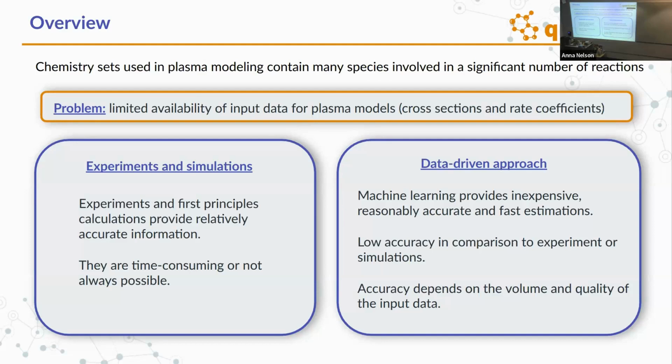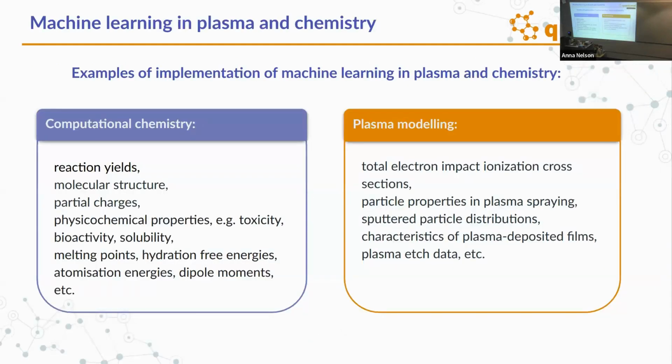Machine learning has been previously extensively used in diverse fields of science, and particularly in computational chemistry and plasma physics. In computational chemistry, machine learning has been used to predict reaction yields, molecular structure, functional charges, and physicochemical properties of substances such as toxicity, bioactivity, solubility, melting points, hydration energies, and so on.